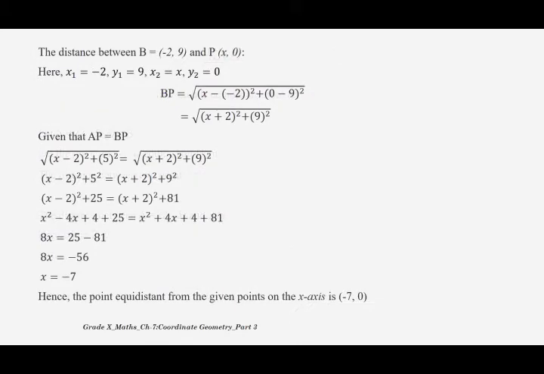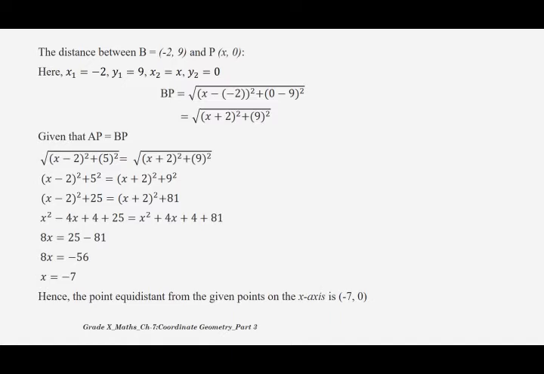Continuing the same way, we find an expression in x for the distance BP, given that AP is equal to BP. So, root of (x minus 2) the whole square plus 5 square is equal to root of (x plus 2) the whole square plus 9 square.